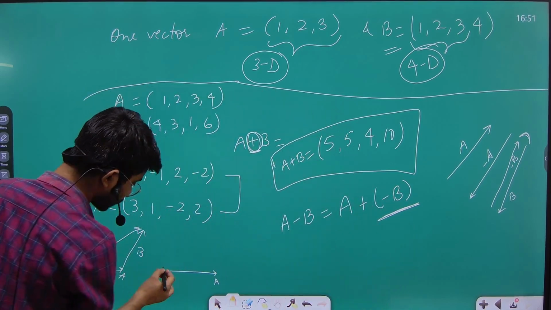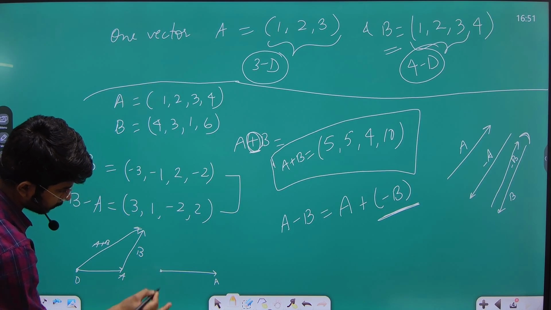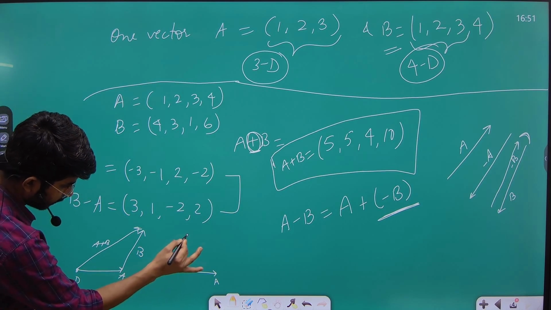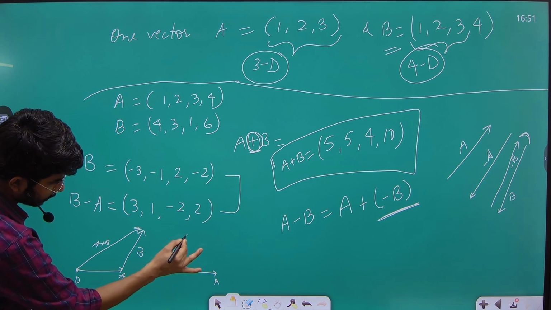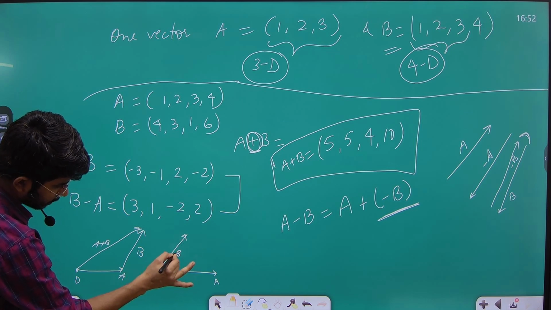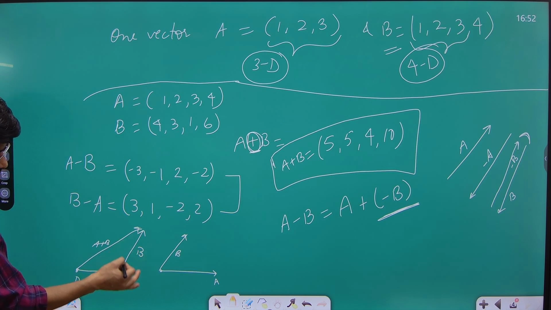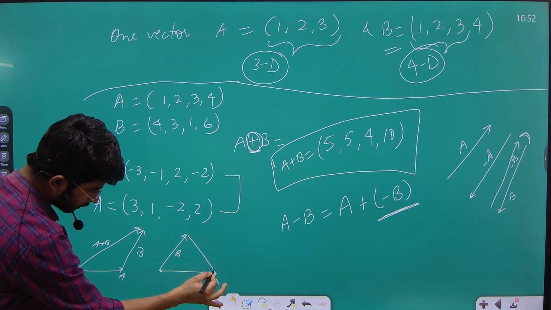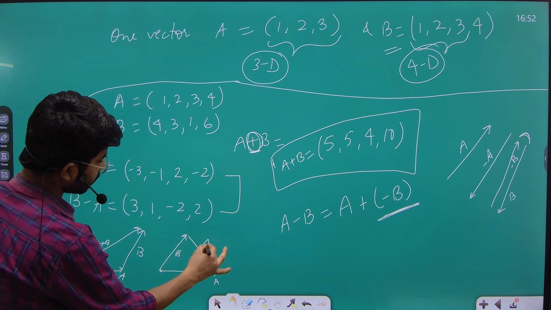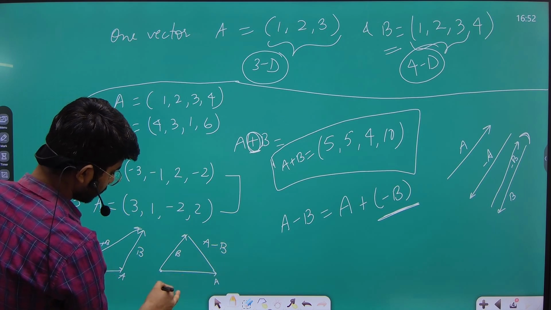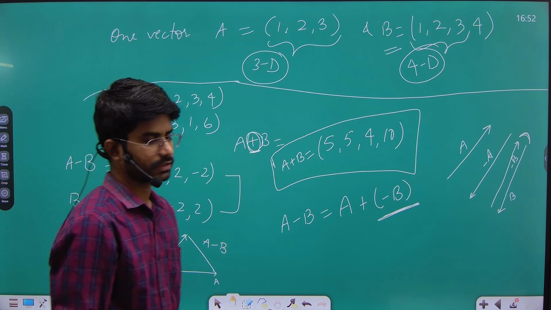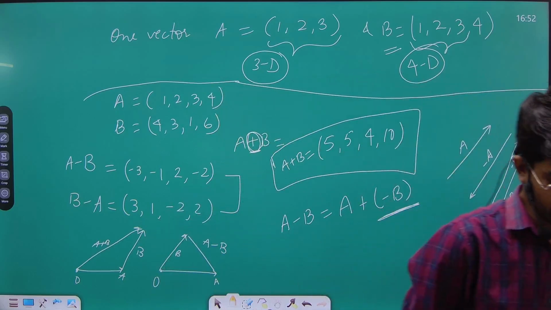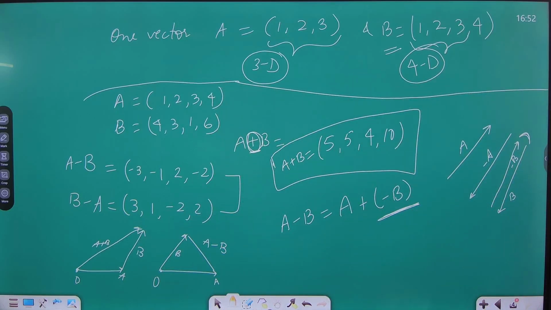From where will you start? From this point. So assume this is A and this is B. The resultant thing that you are getting is A minus B. Getting my point? This is what A minus B is in geometric terms.